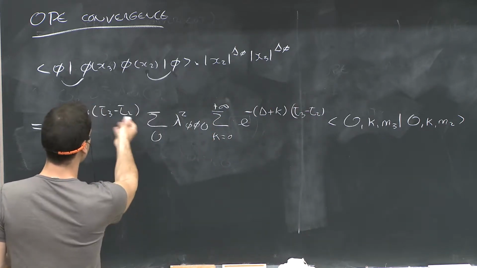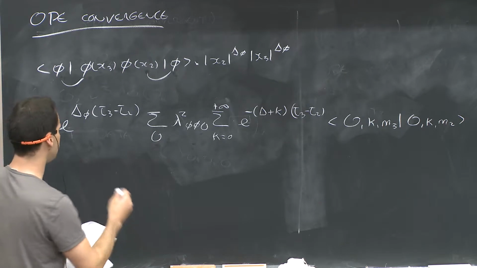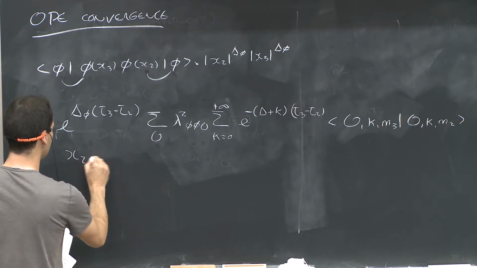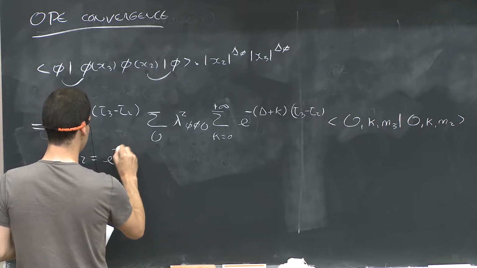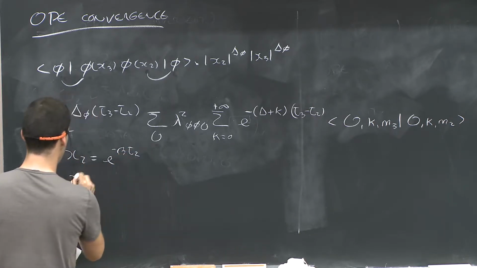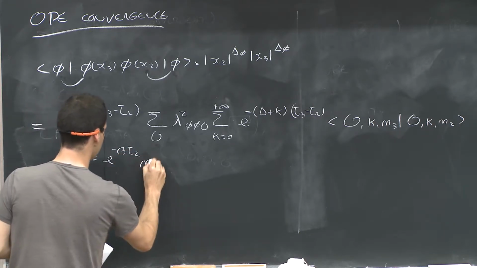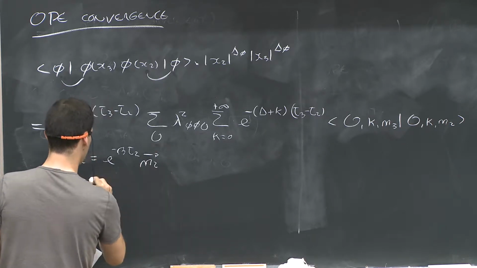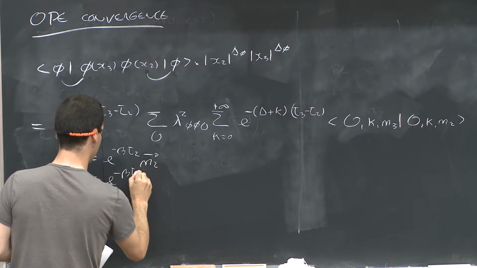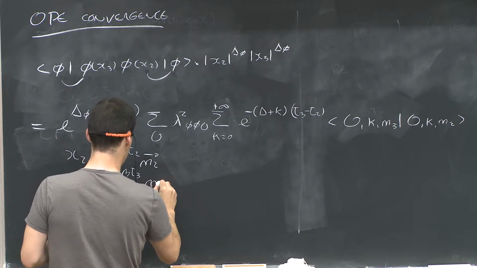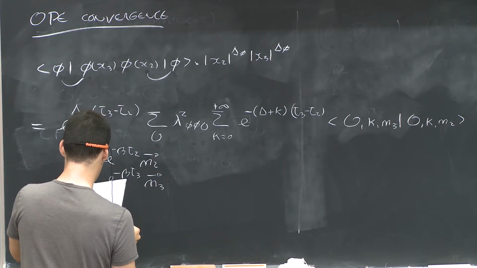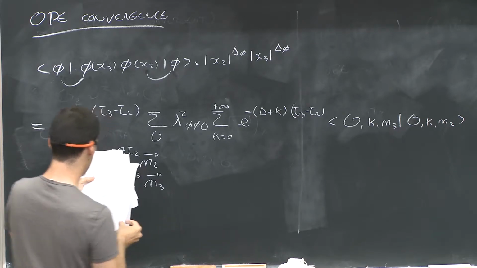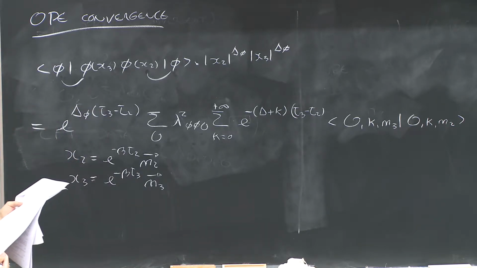And now these tau and these angles, so this is writing x2 is equal to e to the minus beta tau 2 and x3 n2. Yeah, I think this is correct. Maybe it's plus. No, I think this is minus.